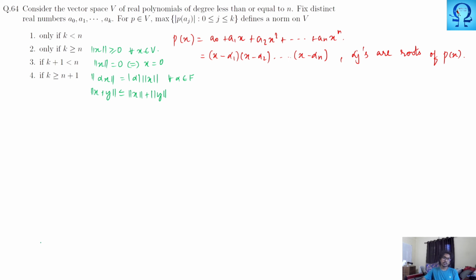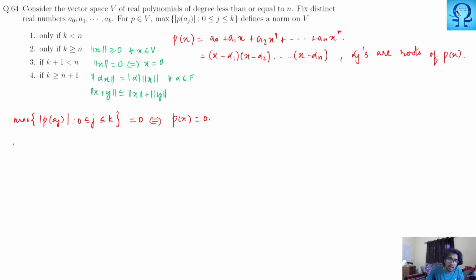Okay, so here we are going to examine, as usual, the second one. If it defines a norm, then the maximum of absolute of p of aj, where j runs from 0 to k, if it has to be equal to 0, then we must have our polynomial itself is 0.